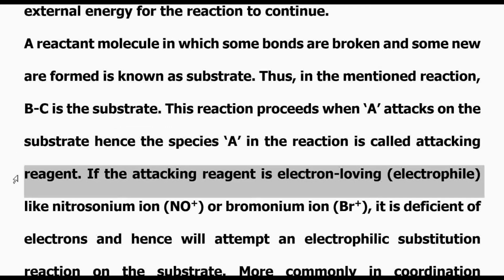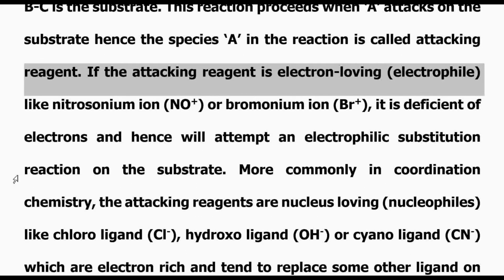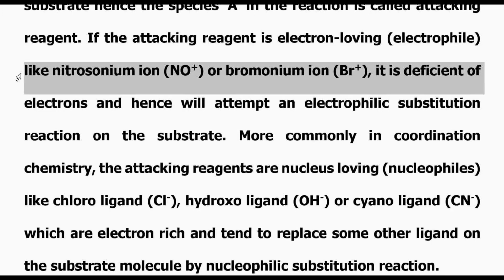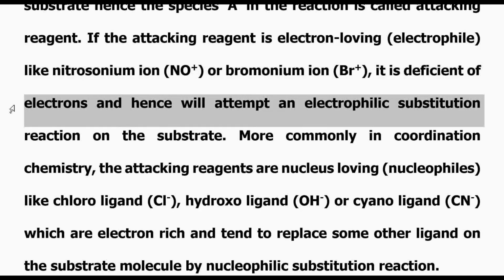Now if the attacking reagent is electron loving, then it is called an electrophilic attacking reagent, and examples are the nitrosonium ion NO+ and the bromonium ion Br+. These are molecules which are deficient in electrons, having positive charge, and hence they will attempt an electrophilic substitution reaction on the substrate.